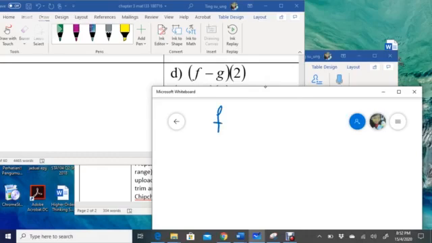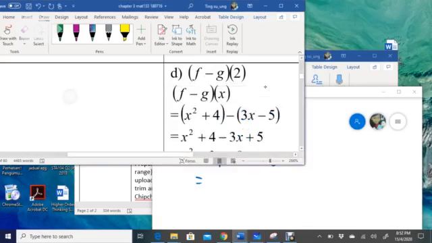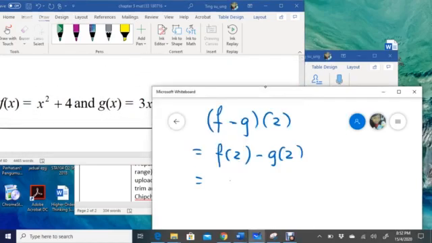So f minus g, the whole thing you need to substitute with 2, right? You must remember to get the value of the 2. So your f is what? Your f is x squared plus 4, so 2 squared plus 4. This is your f.